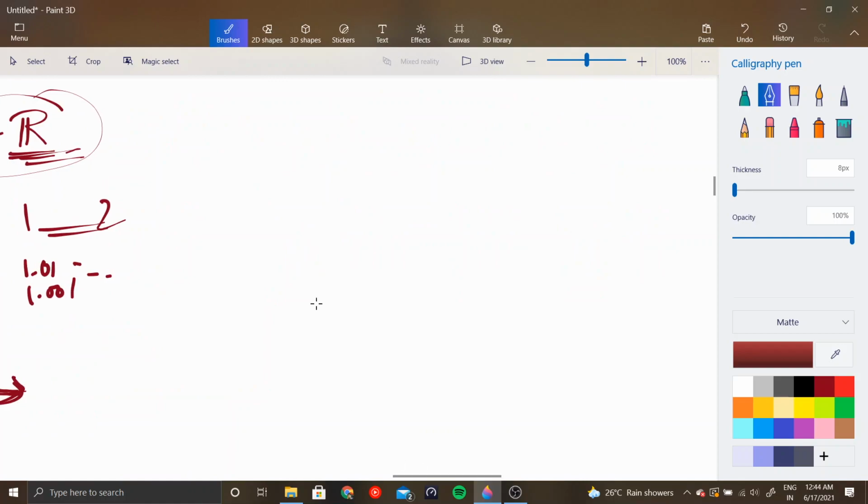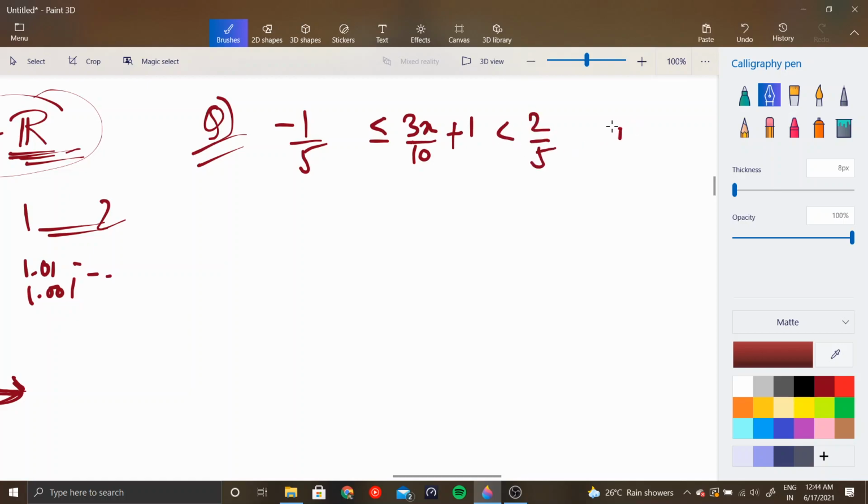Now let us look at one more question from this type. Now this is another type. This is basically where two inequations are clubbed together and given as a single question, right? So this is your question, and they have specified that x is belonging to the real number set, okay?